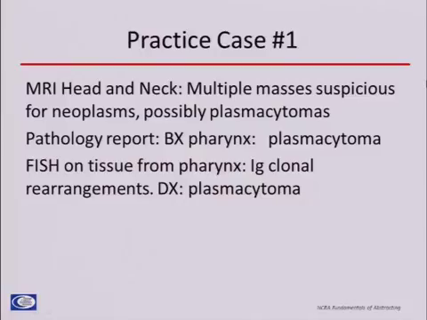Now, why would they need to do that in so many different ways? The reason is sometimes the plasmacytomas proliferate so greatly that the plasma cells clog the bone marrow. And when they put that needle into the bone marrow and they try and suck out the marrow, they get what's called a dry tap. It's so stuffed in there, so clogged with plasma cells, they can't get anything out.